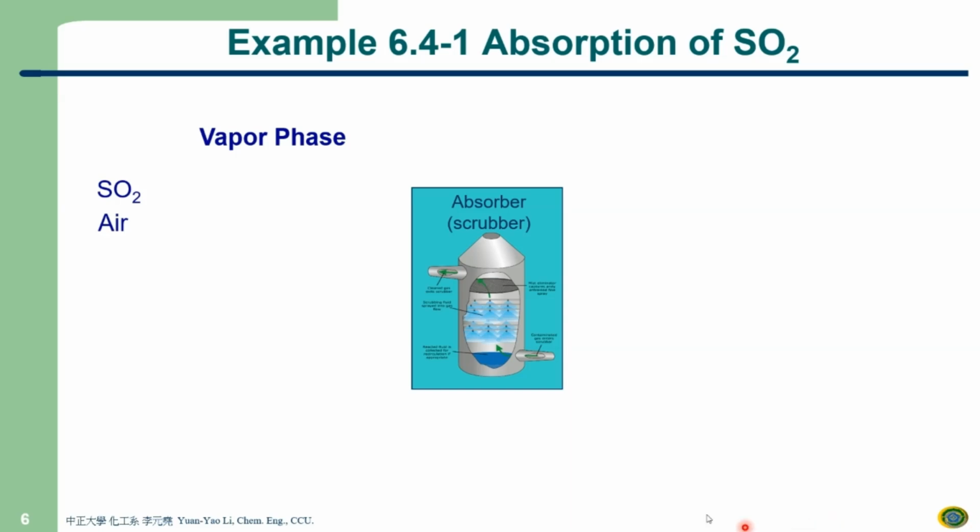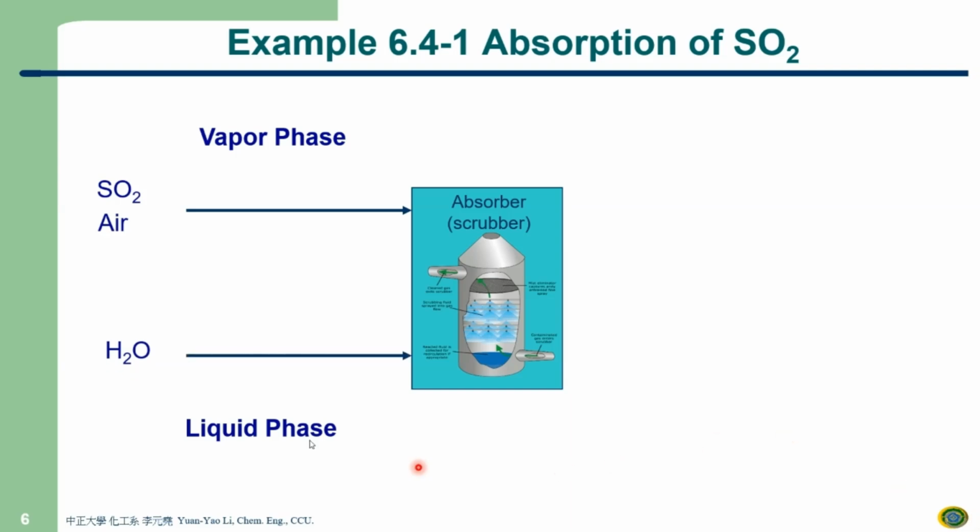So you have SO2 and air going to this scrubber, which is the dirty air, right? You want to make air cleaner, so you need to have a scrubber. You need to have an air shower to have direct contact with this dirty air. So the liquid phase is clean water in. The shower comes in, and then the dirty air goes up, clean water goes down, right?